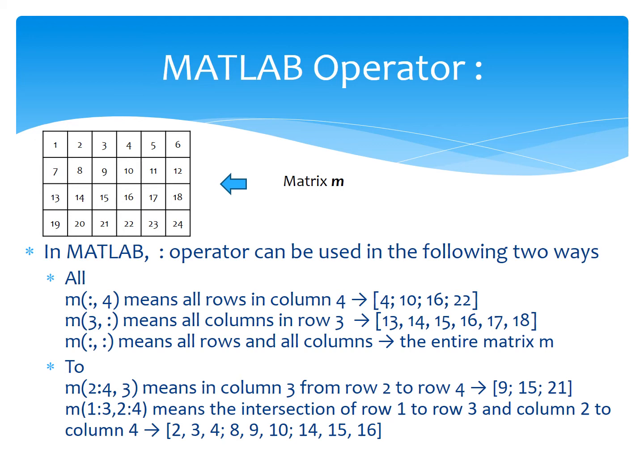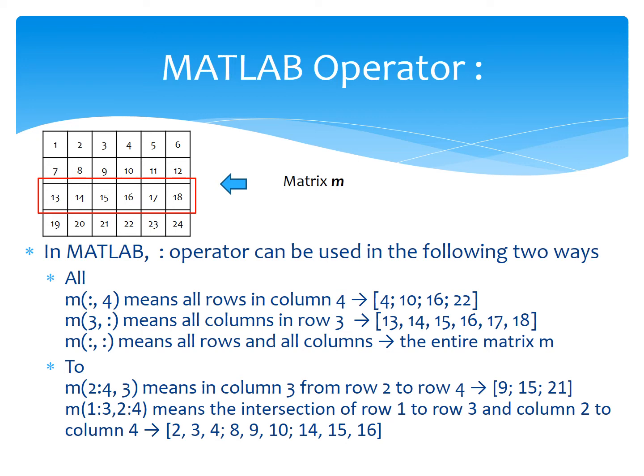For example, M(:,4) means all rows in column 4. Another example, M(3,:) means all columns in row 3.